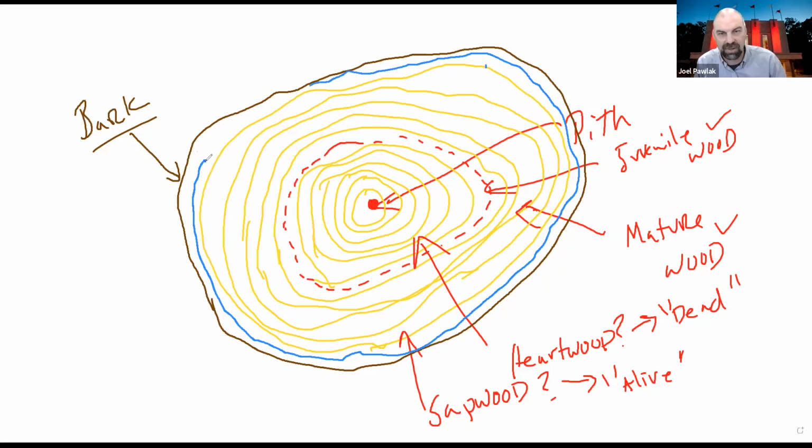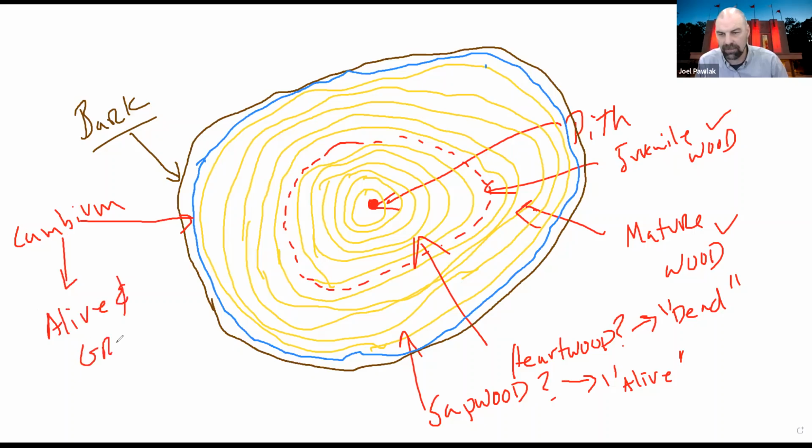It's like tracing and trying to stay inside the lines, right? So there's going to be a layer that runs all the way around the outside. And that layer is what we know as the cambium. The cambium. And this layer is definitely alive and growing.